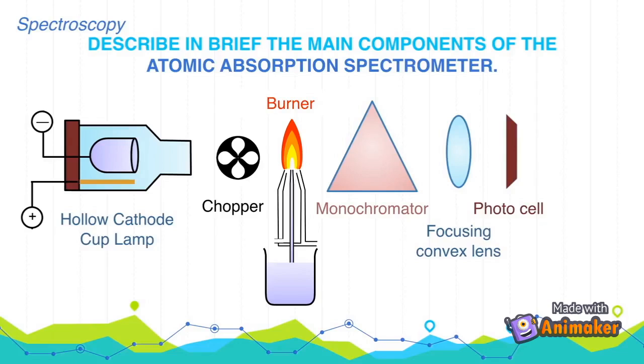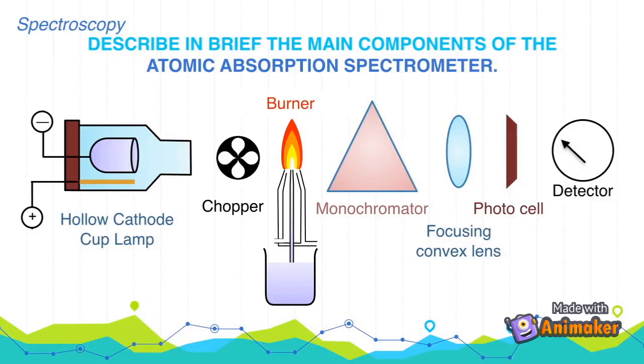This current is proportional to the light incident on the photocathode of the photomultiplier tube. 6. Readout meter. This dial will give us the amount of radiations absorbed by unexcited atoms present in the ground state in terms of the absorbance.